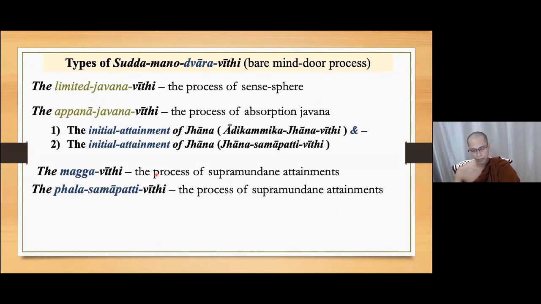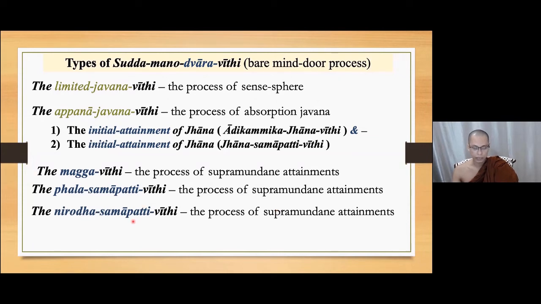But later, the noble person, after attaining any stage of path consciousness, enters the phala again. At that moment, there is no path consciousness in that process, only the phala consciousness continues. That is why that process is called phala samapatti viti, the process of supramundane attainment.